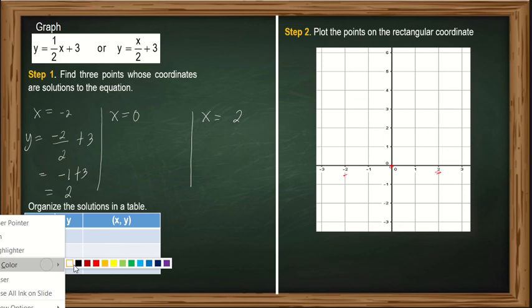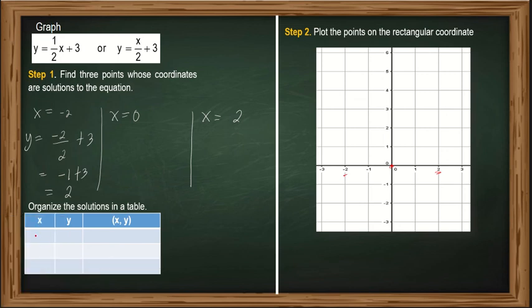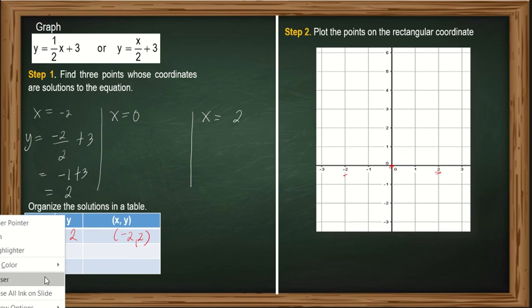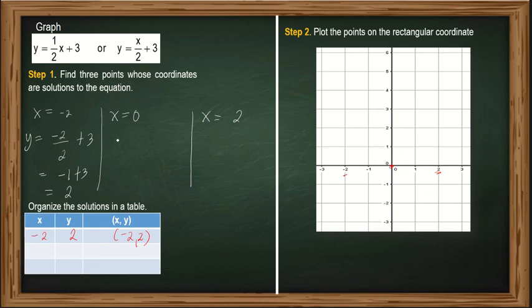So when x equals negative 2, our y is positive 2. The next is x equals 0. So y is equal to 0 over 2 plus 3. So our y-intercept is 3. Coordinate 0, 3.